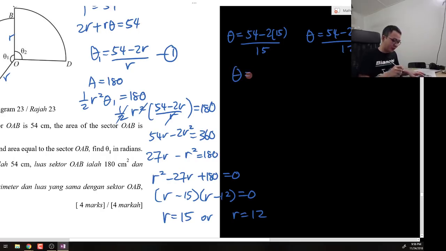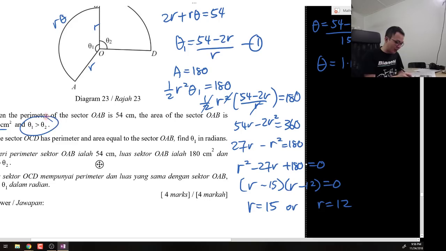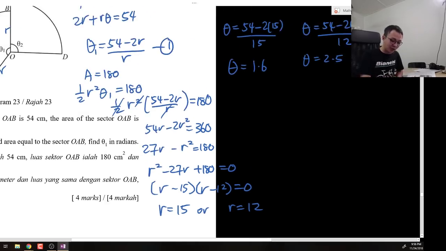So this theta will be 54 minus 30 divided by 15. This one gets 1.6. 54 minus 24 divided by 12. This one will get 2.5. Since the question tells me theta 1 is bigger than theta 2, I will choose this one. I reject this one. So this one obviously is theta 2. This one will be theta 1.